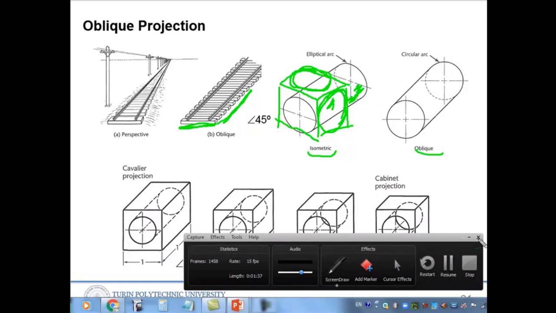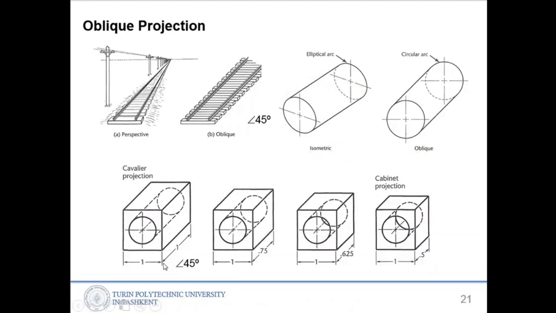Here you can see the different types of projections: the Cavalier projection and the cabinet projection. Cabinet projection is used to represent furniture in the furniture industry. The Cavalier projection is used in ancient books.